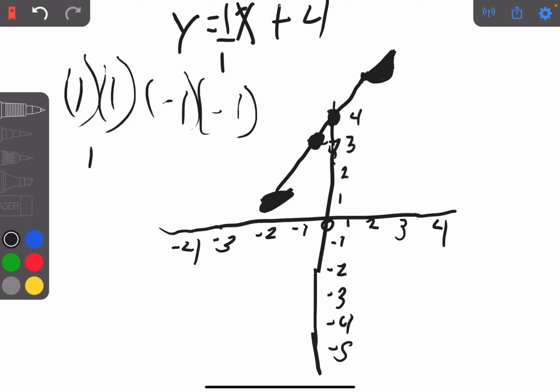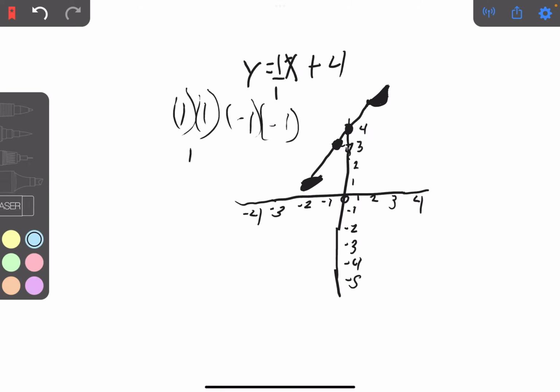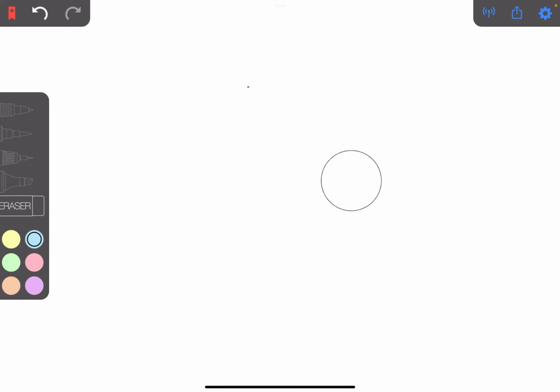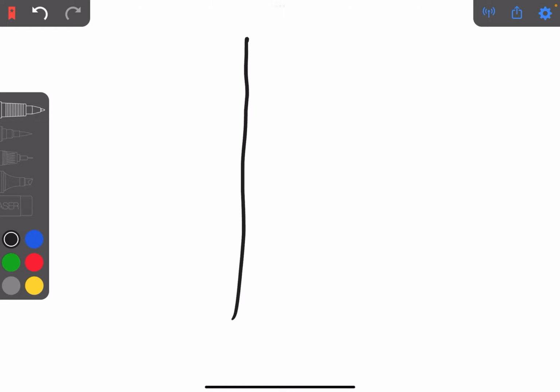But now I'm going to make it hard. This is all SAT. I might even explain linear functions, but we're not there yet. So we've got a line. Yeah, that's our line. We're erasing it.